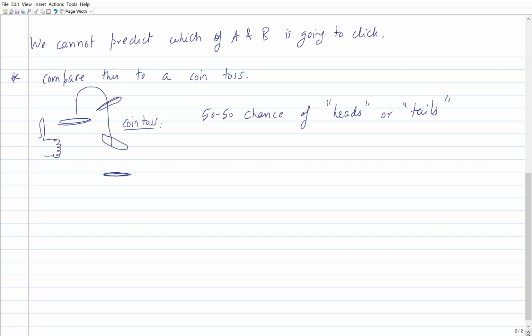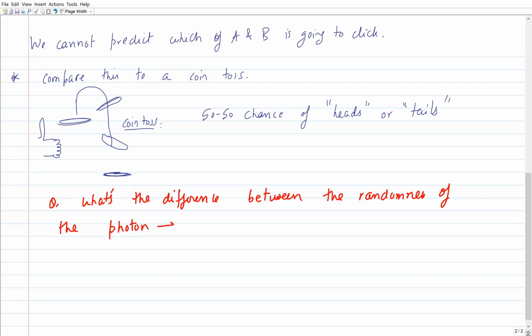Interesting. So the question that arises at this point of time is, what's the difference between the randomness of the photon beam splitter setup, let me call it detector setup, and the coin toss?